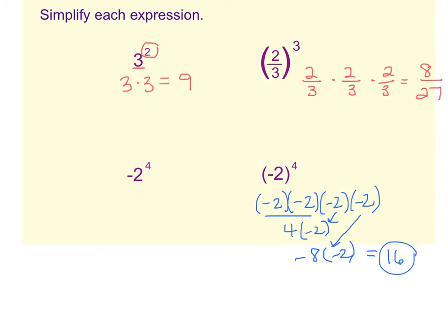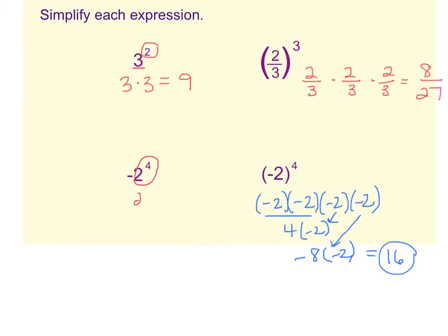Now this -2 to the fourth over here, the way that this gets read in math, and it's going to seem a little backwards, is that negative is not included inside with the 2. It's not inside a set of parentheses to connect it. So what we actually do is first we do the 2 to the fourth.